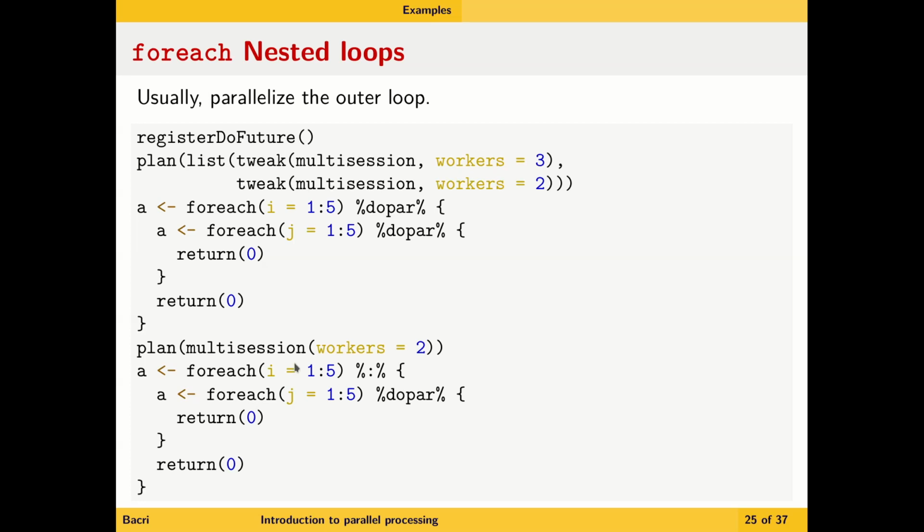So here, the first loop will run 1 to 5. Everything inside this will be one sequence of tasks that will be run with 2 workers. And I can define inner loops again inside, and inner loops to infinity. This has some advantages sometimes. It depends on the situation, but just remember that it is doable with that operator.